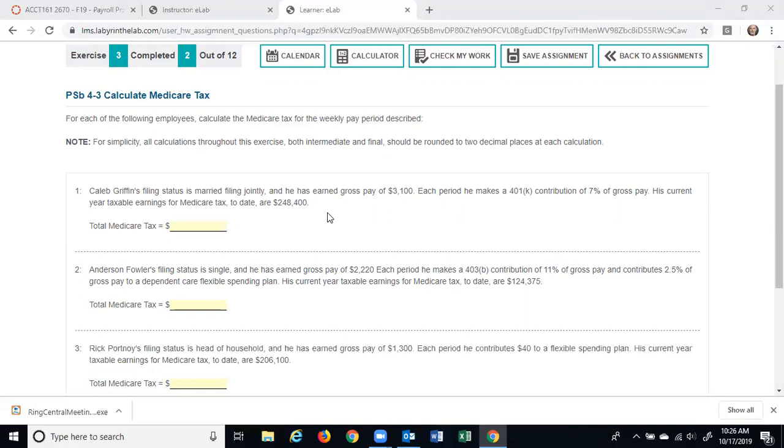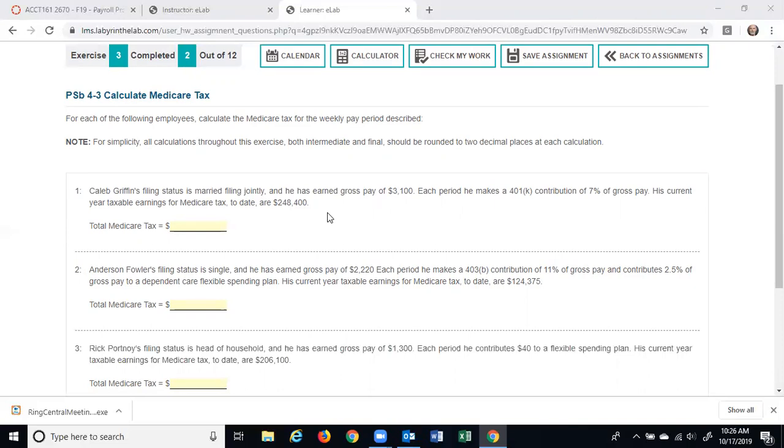So we take the difference of that, which is $1,500. The $1,500 is the $3,100 minus the $1,600 that's not subject to additional Medicare. And we multiply that by the 0.009. And then that is equal to $13.50.